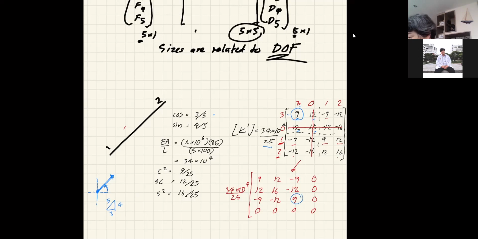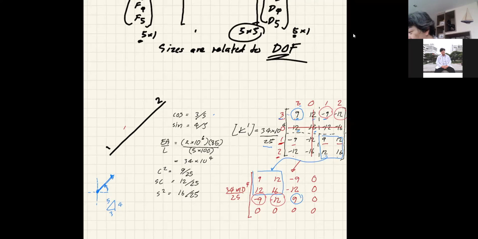This 1, 2, this 4, actually they are these 4. When you look at this one, this is the third row, and then 1 and 2. So I can change the color a little bit to demonstrate. This is third row, column 1, and then column 2. So 9, 12 here. This is minus 9 and minus 12.